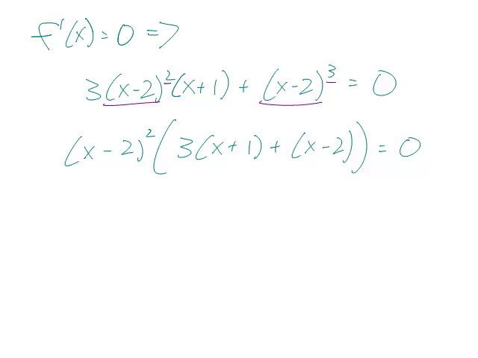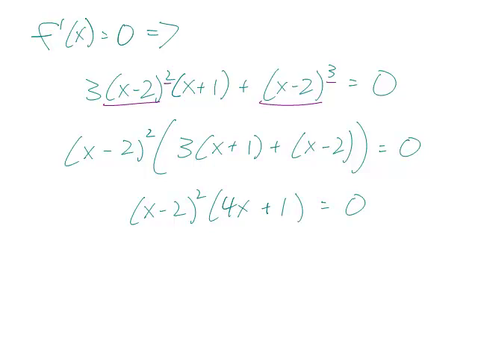The second term, the big term, we want to combine everything. Here we have a 3x plus another x, so that would be 4x. Distributing the 3 across the x + 1, that's 3x plus 3. So we have a plus 3 and then a minus 2, which is plus 1, equals 0.